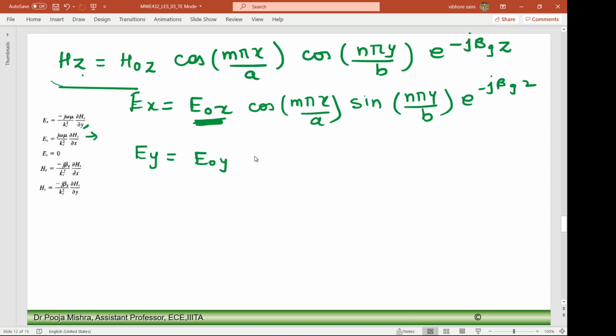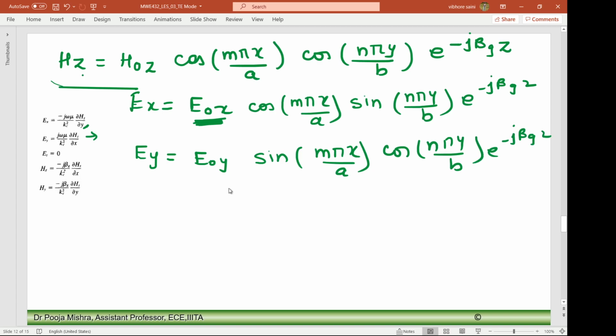So this will give sin(m pi x by a) cos(n pi y by b) exponential minus j beta g z. Ez is 0 obviously, so Hx will be the differentiation of Hz with respect to x.